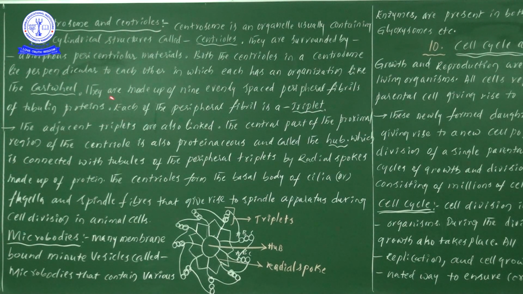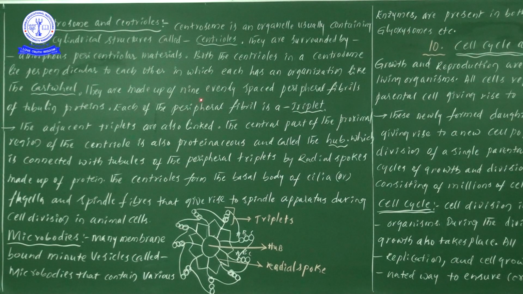They are made up of 9 evenly spaced peripheral fibrils of tubulin protein. One more time, see how this cartwheel is made up of 9 evenly spaced peripheral fibrils.